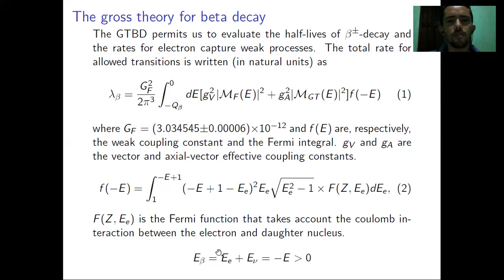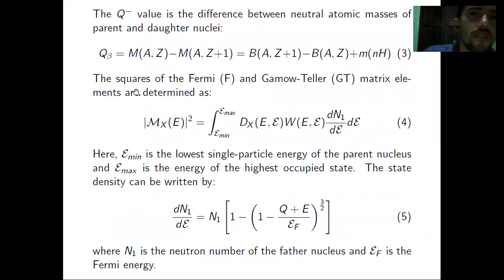The energy of the beta transition is given by this equation here. So the k-value is the difference between the neutron atomic mass and the daughter nuclei, as you can see here in equation 3. The squares of the Fermi and Gamow-Teller matrix elements are determined by equation 4.